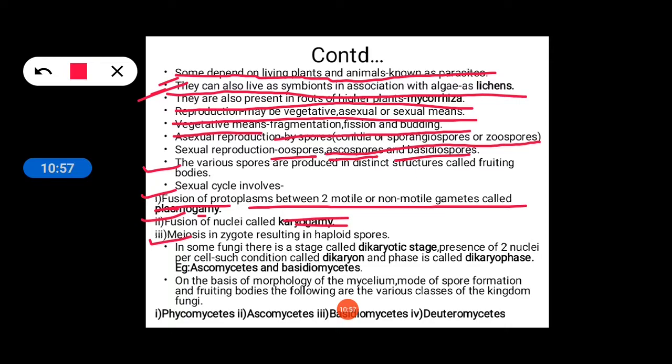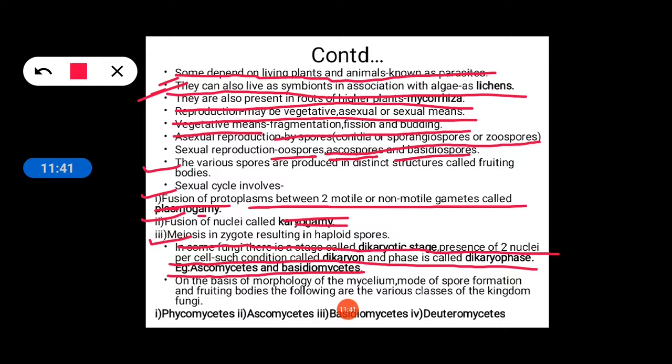The next point is that in some fungi there is a stage called the dikaryotic stage. There is a presence of two nuclei per cell. Such a condition is called dikaryon and the phase is called dikaryophase. Karyon means nucleus, di means two, so it is known as dikaryon.